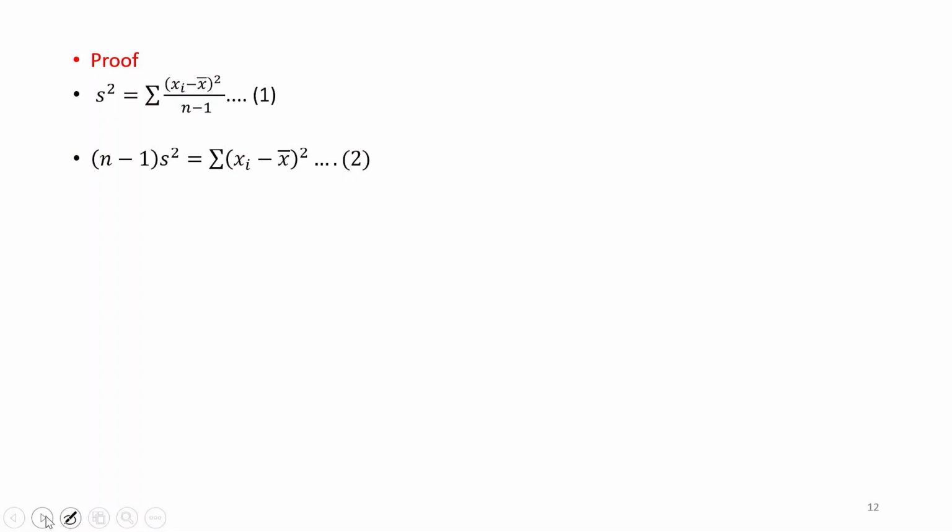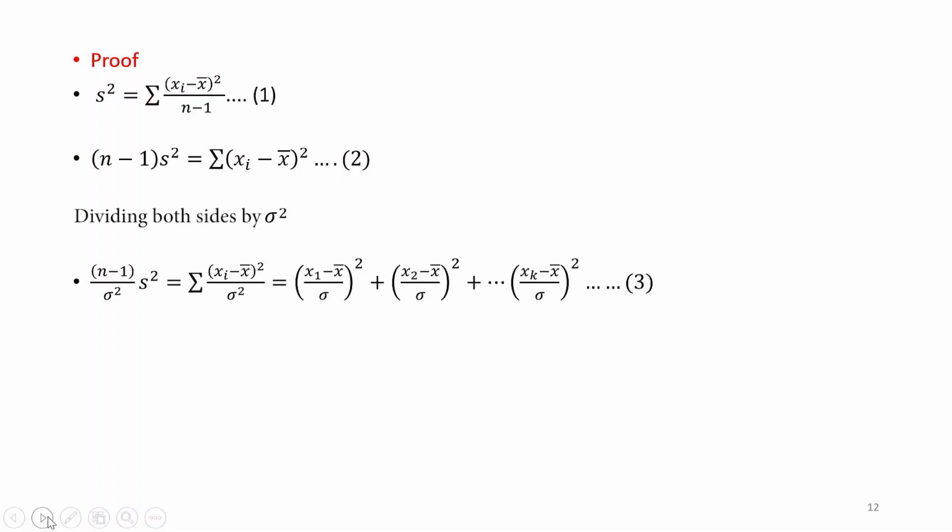Now, why it follows the chi-square distribution, that proof is also given here. We know the s squared formula is this.